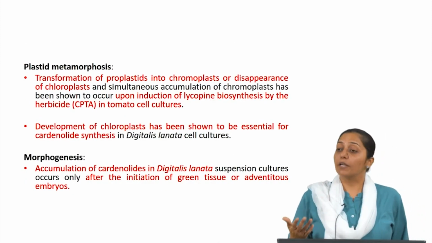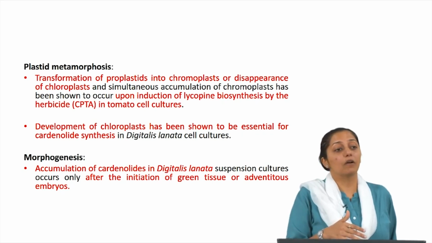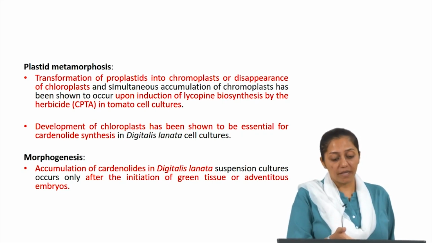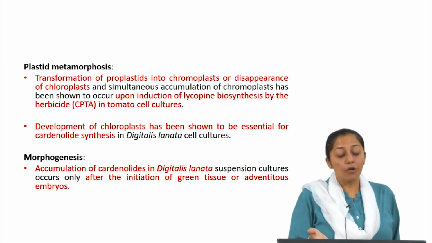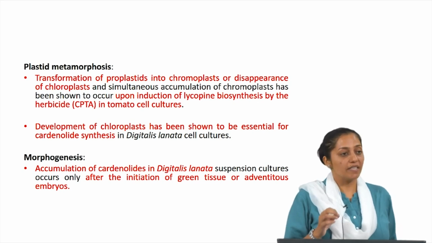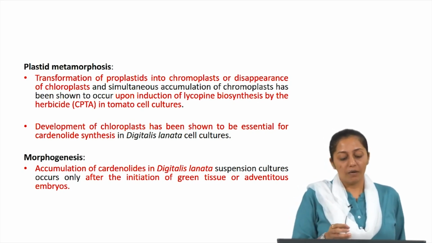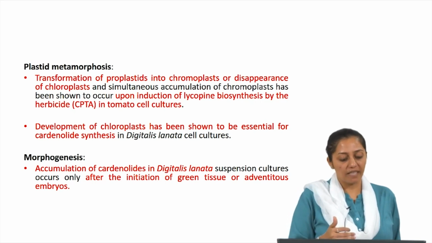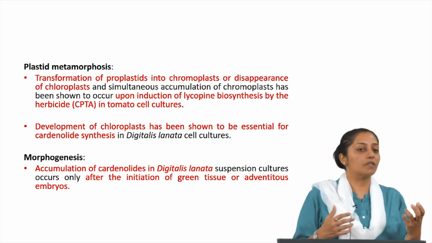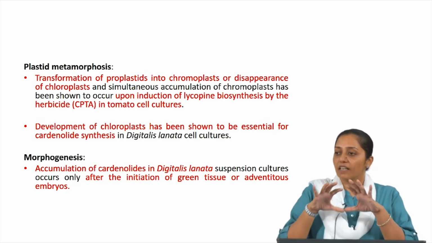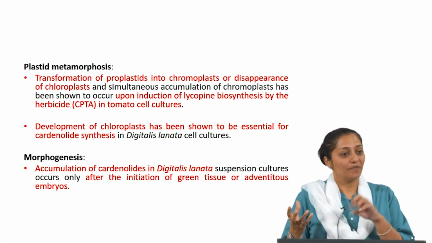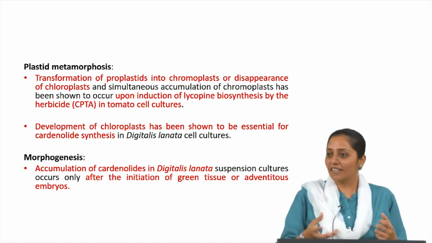Now, plastid metamorphosis also sometimes has been observed to be linked with secondary metabolism, where they have observed in lycopene biosynthesis, where adding a herbicide in tomato cell cultures, upon induction of lycopene biosynthesis by the herbicide, what was observed was that the chloroplast started diminishing and they started converting into chromoplast, that red color pigment started appearing.